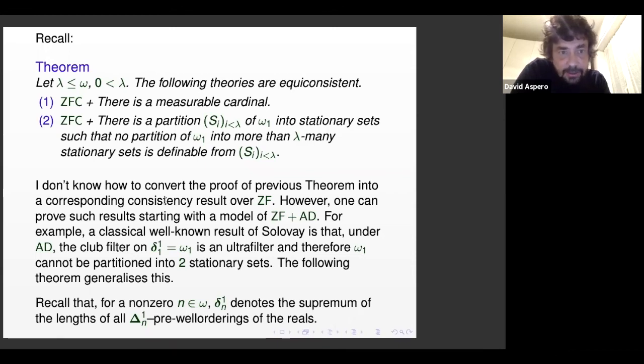Now, the following theorem will generalize this. Before getting there, I want to remind you that if you take a non-zero n, then delta 1 n denotes the supremum of the lengths of all the delta 1 n prewellorders of the reals.